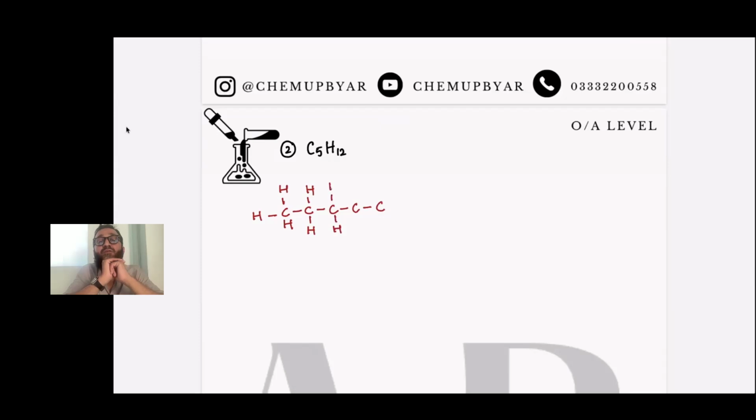In the first carbon, you forgot to show the bond. The hydrogen you made blue. So the first one is, as I have said, always the simplest one, with the straight chain.